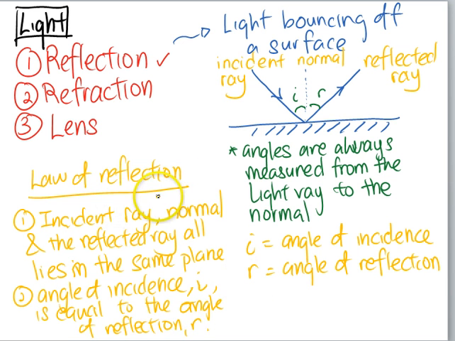So the law of reflection consists of two parts here. It says that the incident ray, normal, and reflected ray all lie on the same plane. And the next one is that the angle of incidence i is equal to the angle of reflection r. So in short, the second part can be i equals r.